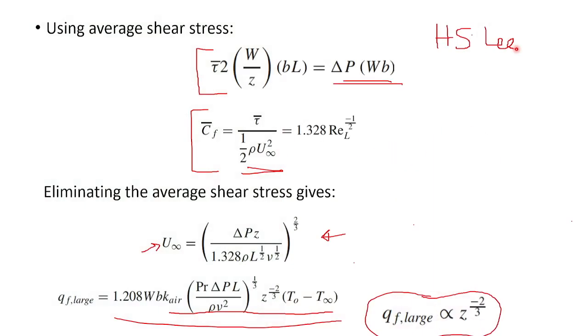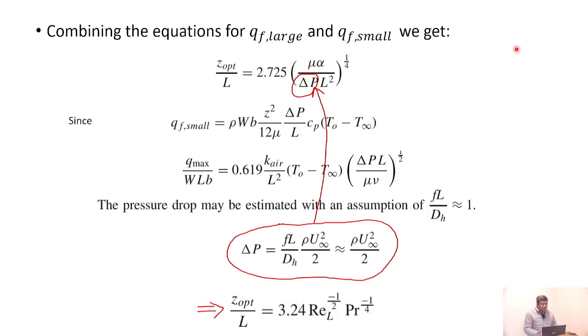It's a nice way of getting the optimum by using physical reasoning. Right, now let's see this one. QF large and QF small. If they're equated, then you get Z optimum by L as something like this.